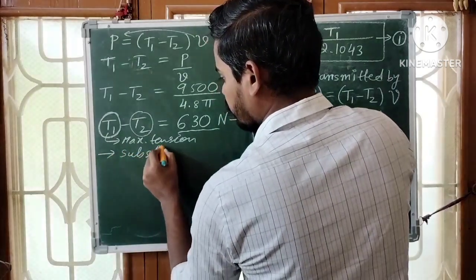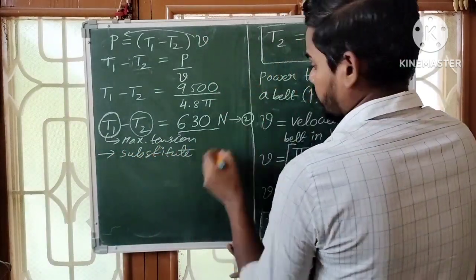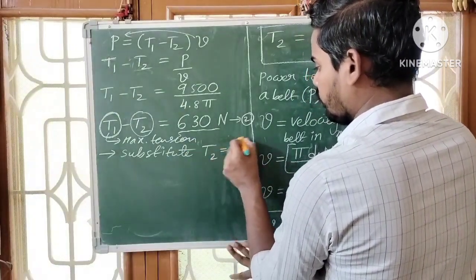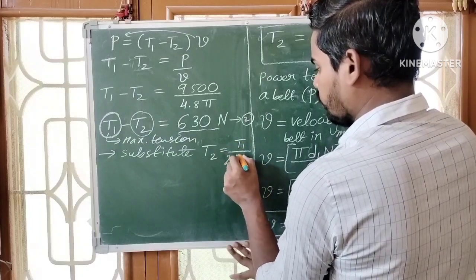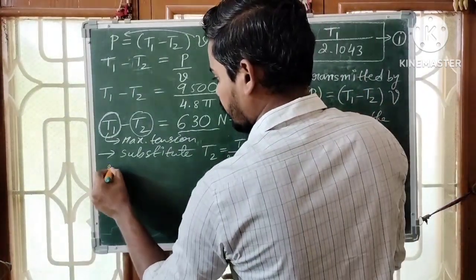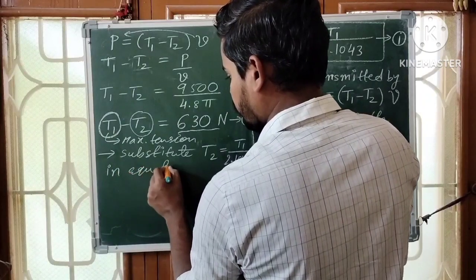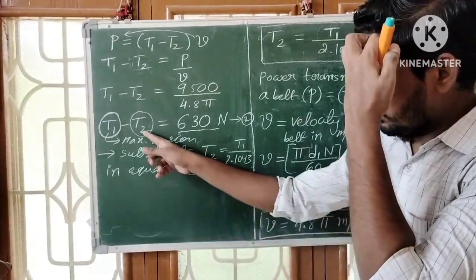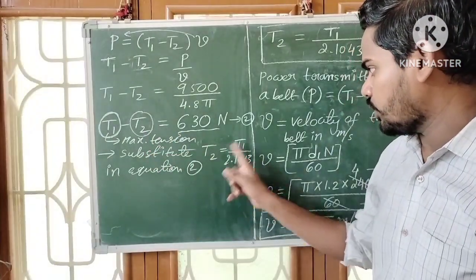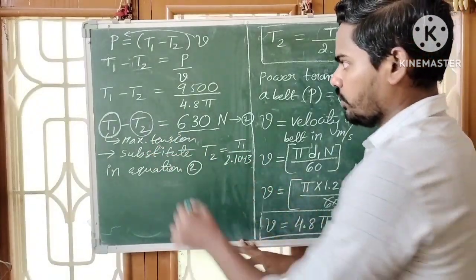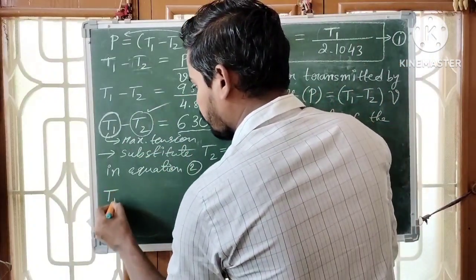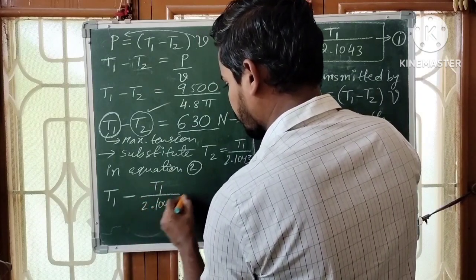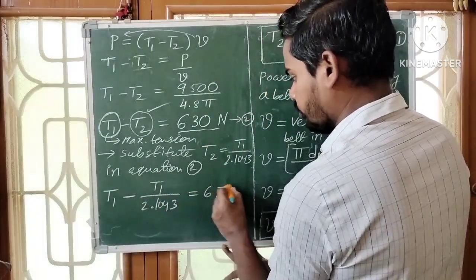Substitute T2 is equal to T1 by 2.1043 in equation 2. So T2 in terms of T1 is T1 by 2.1043. So we are eliminating T2. So T1 minus T1 by 2.1043 is equal to 630.